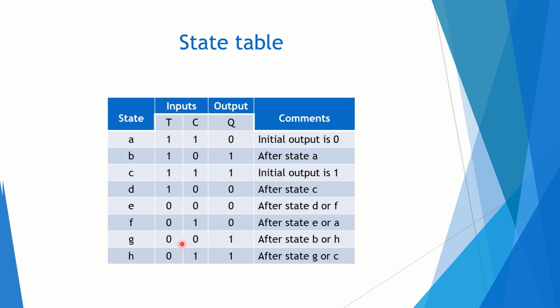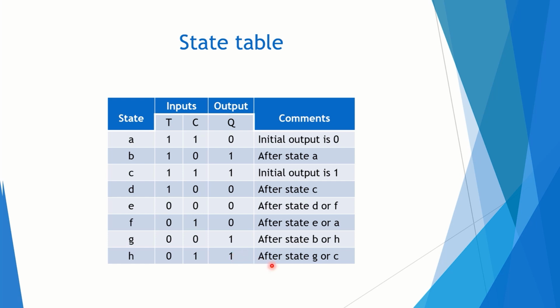When B or H goes from 1 to 0 and T is equal to 0, it remains in the same state 1. And after G or C, when C goes from 1 to 1 and T is 0, it is the same state 1.